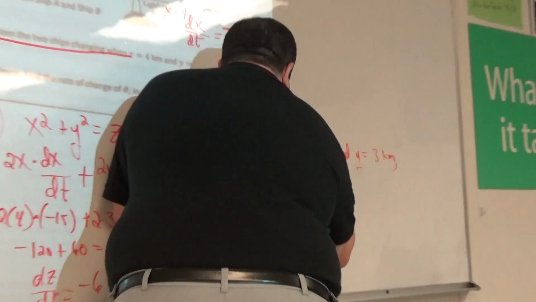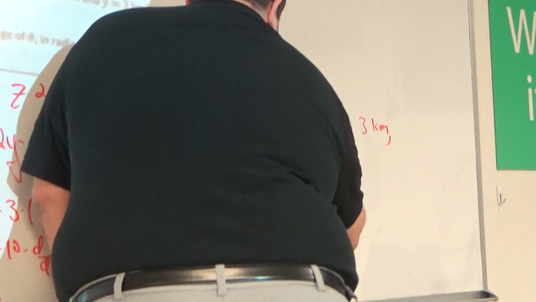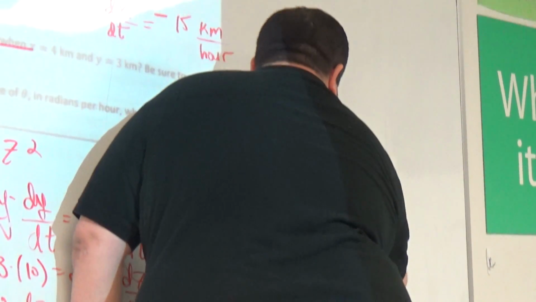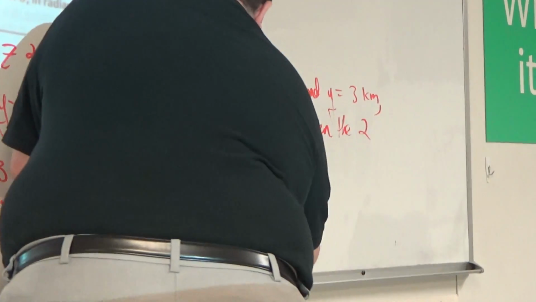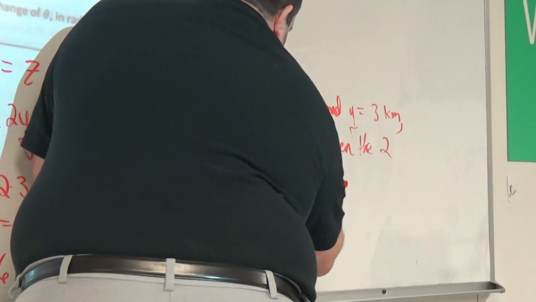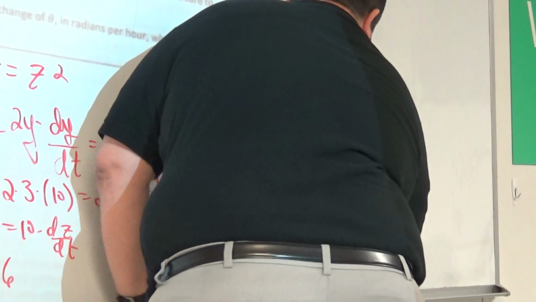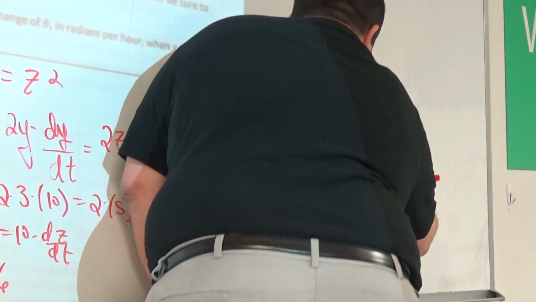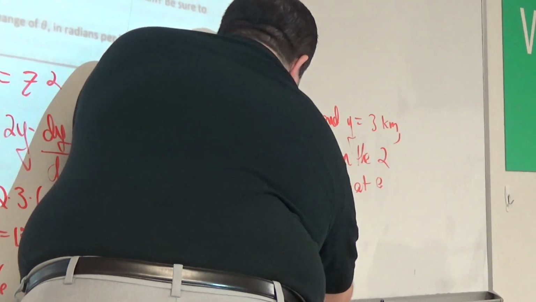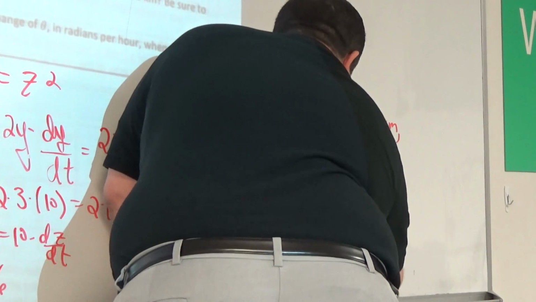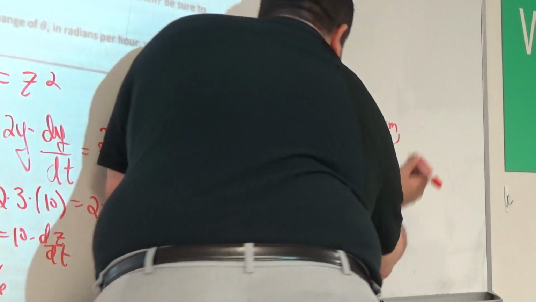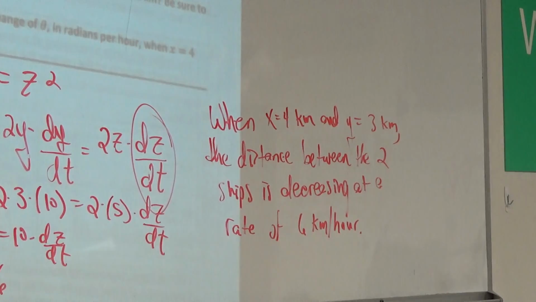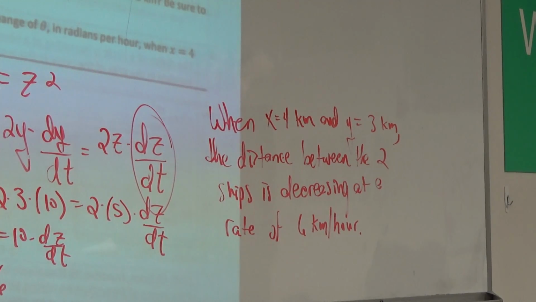The distance between the two ships, what's that doing? Is decreasing at a rate of 6 kilometers per hour. Done. That was part A and part B.